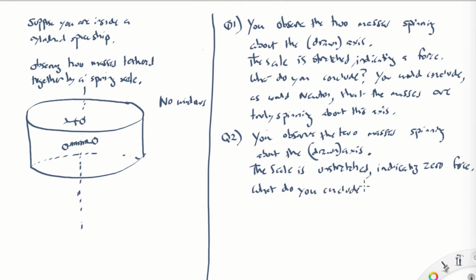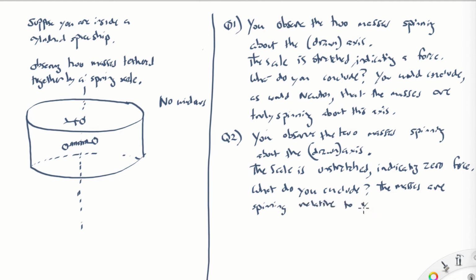So it looks to you like it's spinning around, but there's no force trying to pull it apart. Well, what you conclude, along with Newton, is that the masses, first of all, are spinning relative to you. After all, that's why they look like they're spinning.